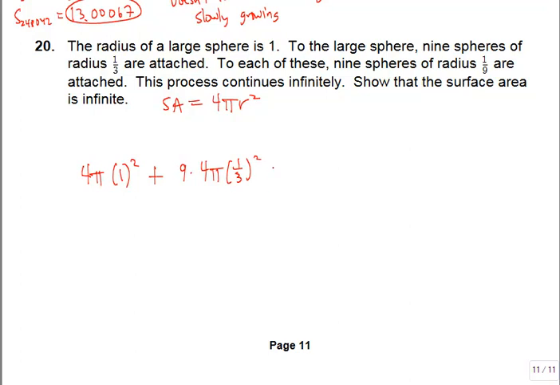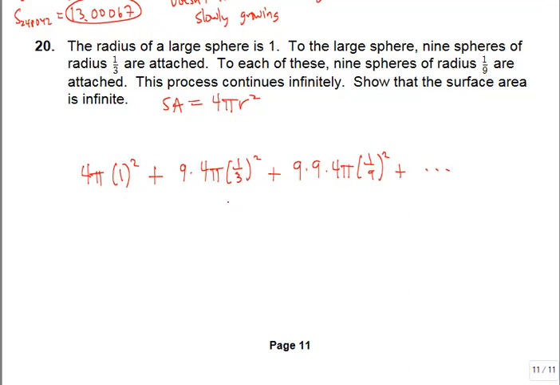Well, I'm adding to those 9 more, and it's 9 times the 9 that I already had right here, for spheres that have a radius of 1/9. So I'm going to have a surface area of 4 pi times 1/9 squared for each of those. So for all 9 of those, 9 more are added. And this process continues.